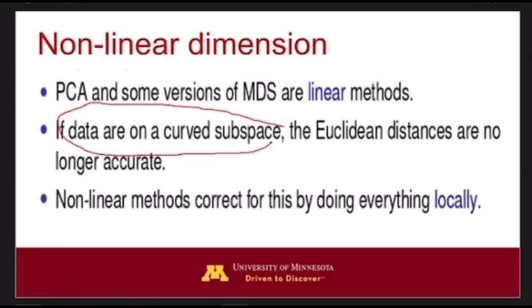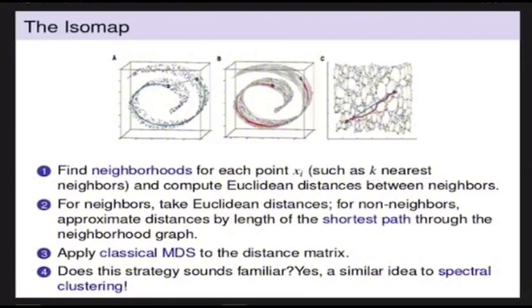And in MDS, Euclidean distance is what we use to compute the matrix of inputs. But what are we going to use instead? We're going to talk about Isomap. I'm introducing you to Isomap right now.